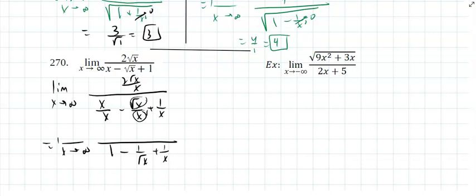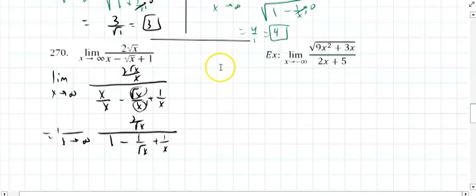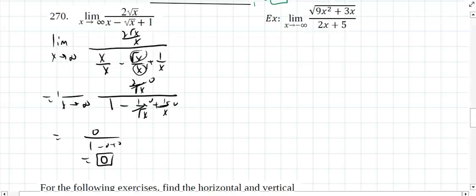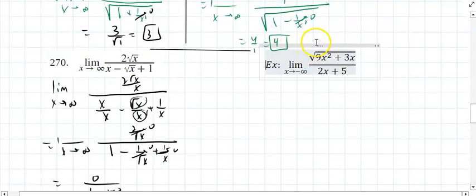You have a half left in the denominator, and you have a half left in the denominator. As x approaches infinity, that approaches 0, 0, and 0. You're left with 0 over 1 minus 0 plus 0. Basically, 0 over any non-zero number is 0. So this graph levels off next to the x-axis.